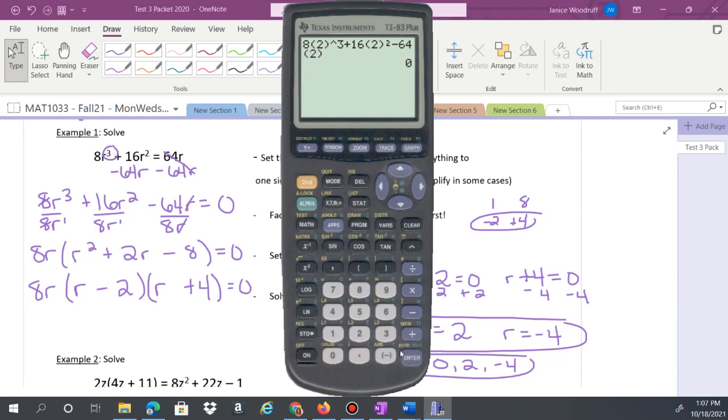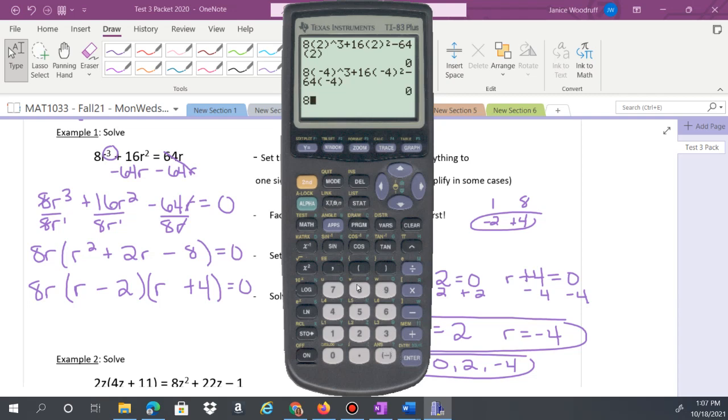That gives me 0. And it should be the same thing with negative 4. 8 times negative 4 cubed plus 16 times negative 4 squared minus 64 times negative 4. And that also gives me 0.